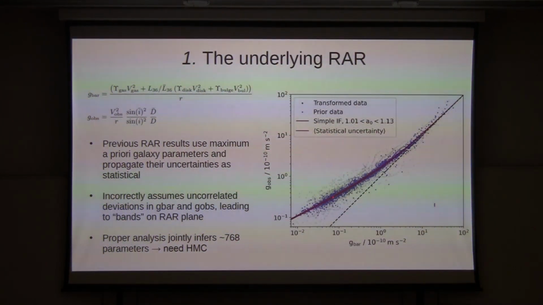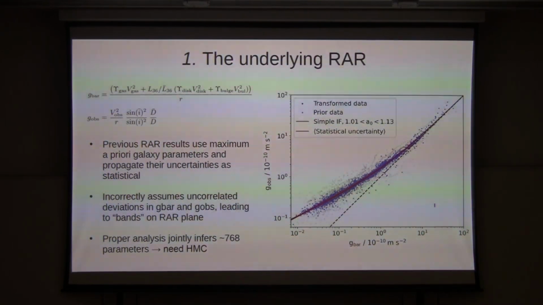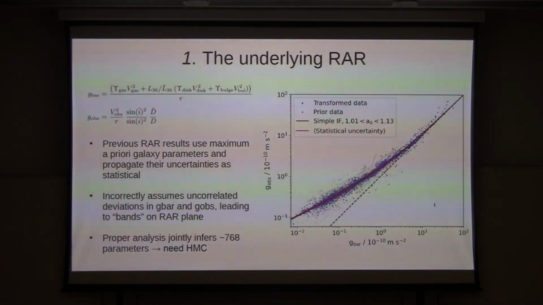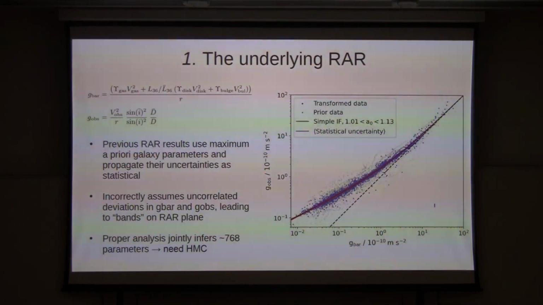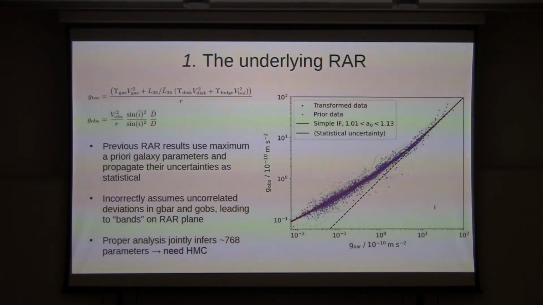What I'm showing in this plot is taking the best fit values for these galaxy nuisance parameters and using them to transform gbar and gobs according to these formulae, to uncover essentially the RAR that underlies the uncertainties in these galaxy parameters.